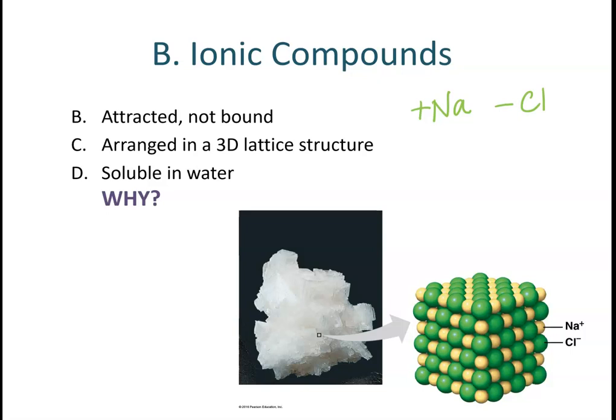So if you look at the molecular structure, you have this alternating between chlorine and sodium because those sodiums are positively charged and those chlorines are negatively charged, and they are being attracted to one another. Now, because they are attractions, they're easy to break apart.